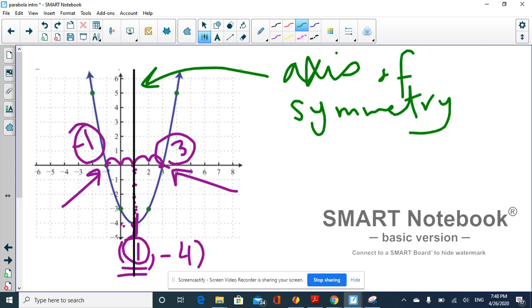The axis of symmetry here is the line that divides this graph into two parts which are the same, like a mirror. Each point here and here, if we fold this graph, it will be the same. So this is the axis of symmetry, which passes through the vertex of the parabola.